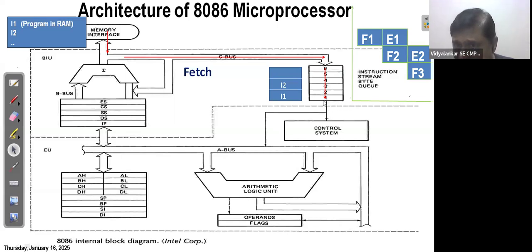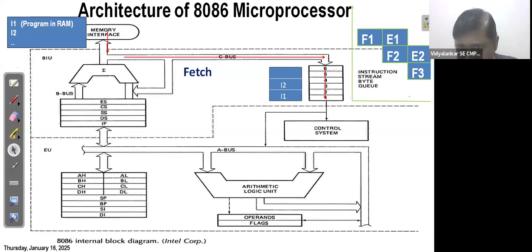So you must observe my mouse pointer carefully. BIU will fetch instruction 1 and EU will take instruction 1. BIU will fetch instruction 2 and EU will take instruction 2. Of course, for decode and execute, because you know EU performs decode and execute as per this small diagram of our discussion.